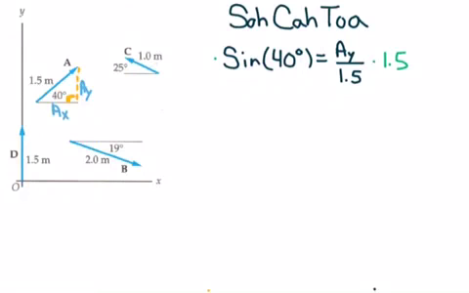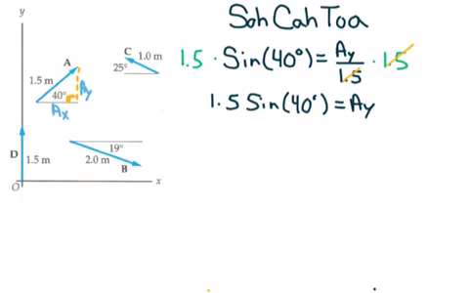The 1.5's cancel on the right-hand side, and I get 1.5 sine of 40 degrees is equal to AY, which, rounding to 2 sig figs since my angle and my magnitude are both 2 sig figs, is 0.96.